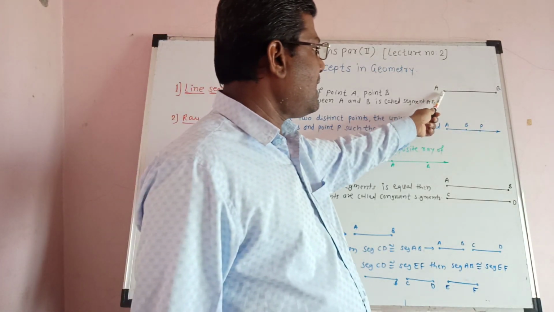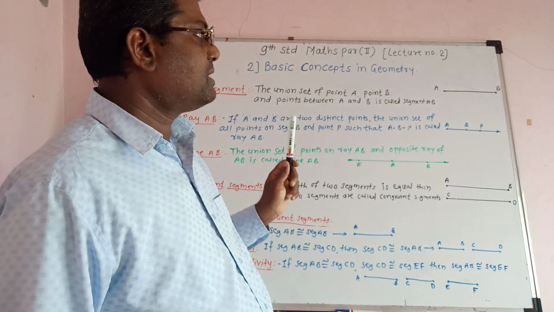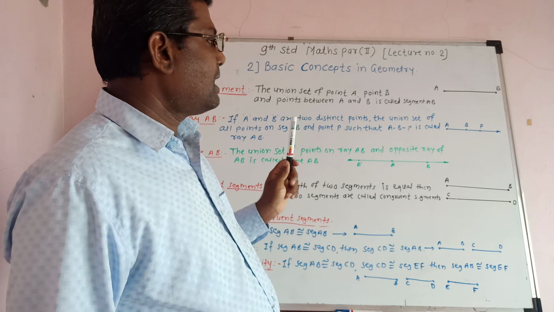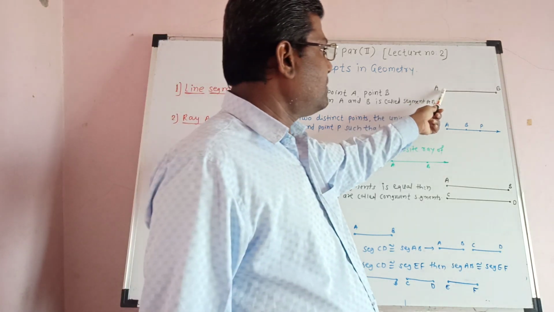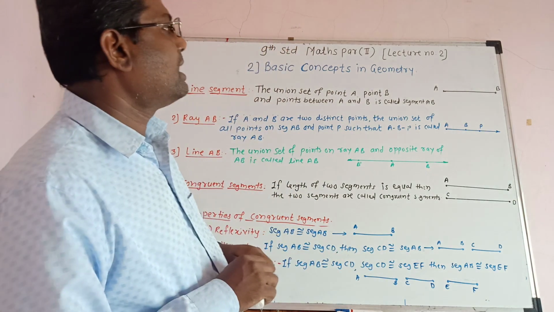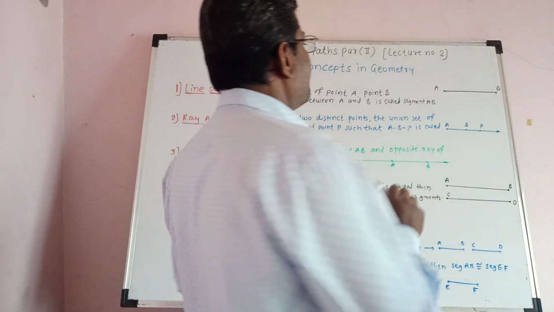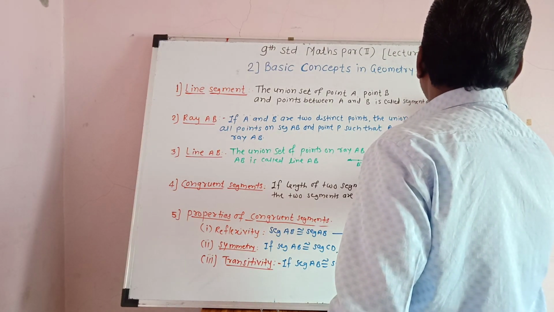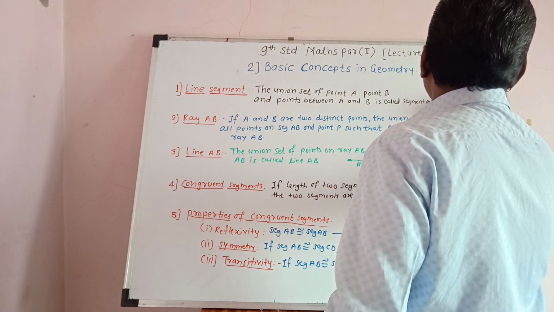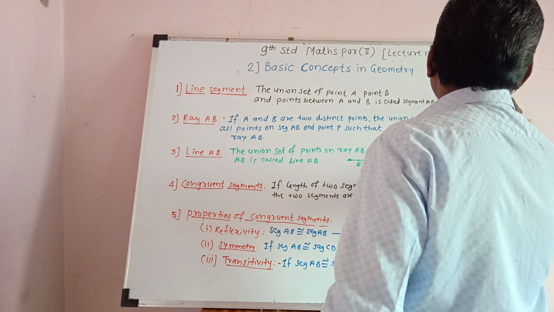Here point A and point B are called the end points of segment AB, and the distance between these two points, that is A and B, is called the length of segment AB.